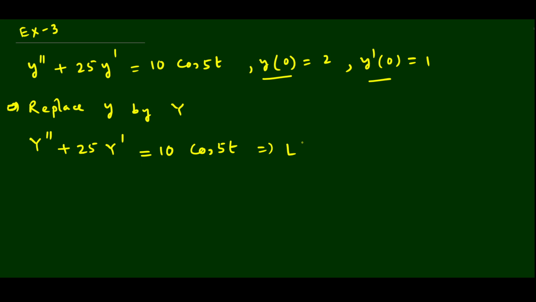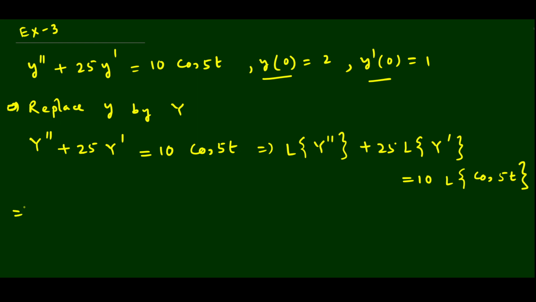Now let us take Laplace on both sides: Laplace of y double dash plus 25 into Laplace of y dash, and 10 is a constant, so keep it outside, Laplace of cos 5t. We already know L of y double dash is s square Y minus s into y of 0 minus y dash of 0.